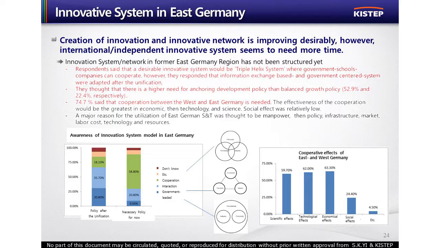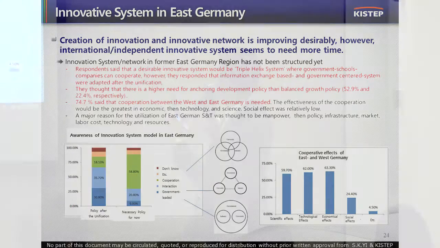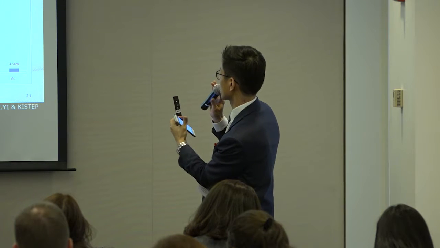Okay, finally, the creation of innovation and the innovative network is improving desirably. However, the international innovative system seems to need more time. The left graph shows this fact. The left is policy after the unification. The right is the necessary policy nowadays.